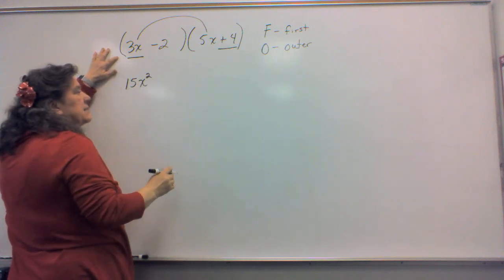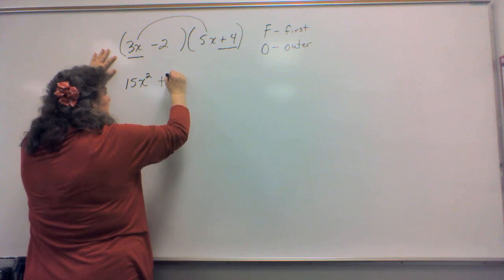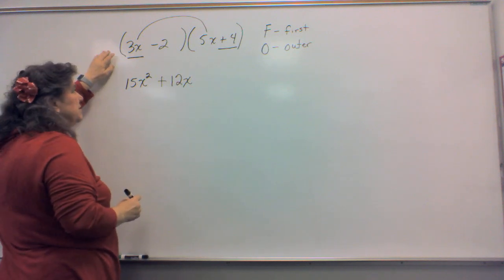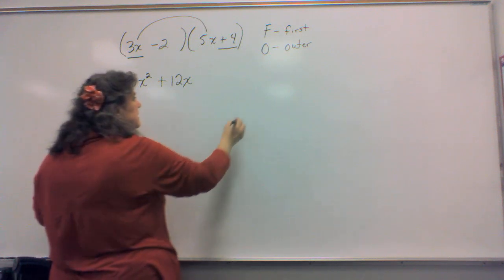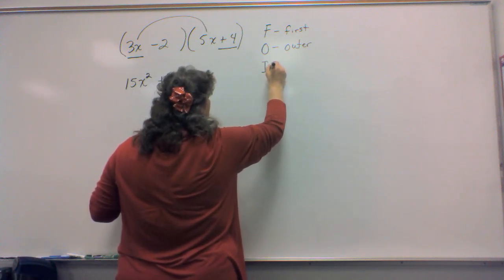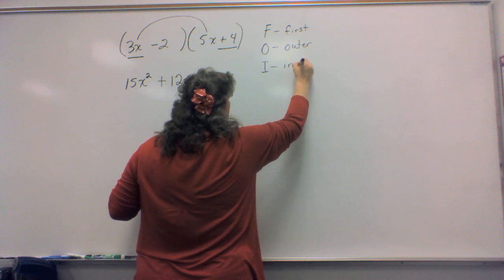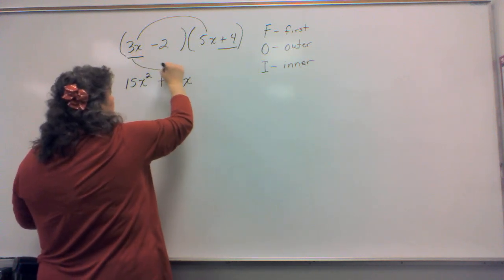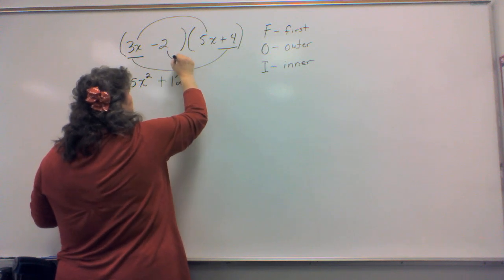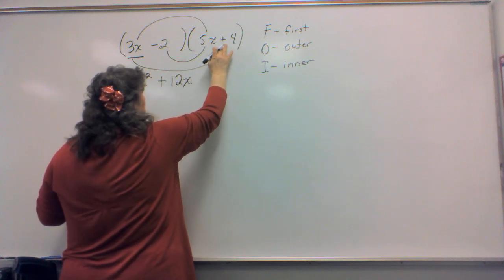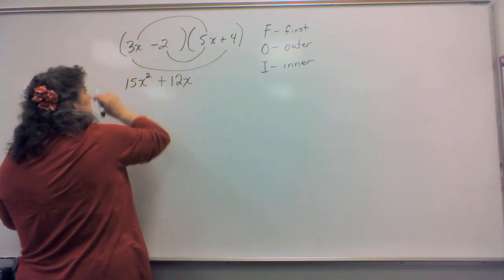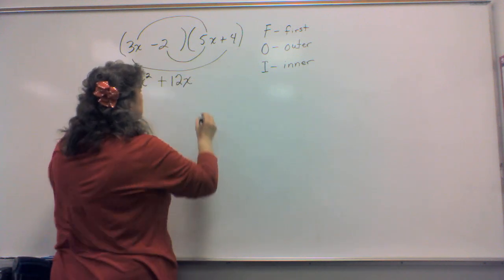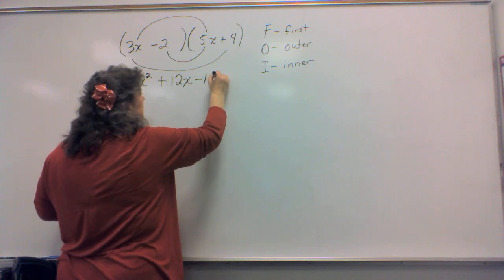So 3x times plus 4 is plus 12x. 3 times 4 is 12 times your x. The next one is the I for inner. Okay, what are the inner ones? This is the outer. The inner are these two. Okay, so we're going to multiply the inner. Negative 2 times 5x is a minus 10x.